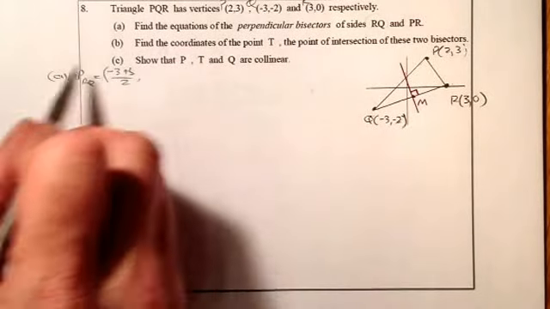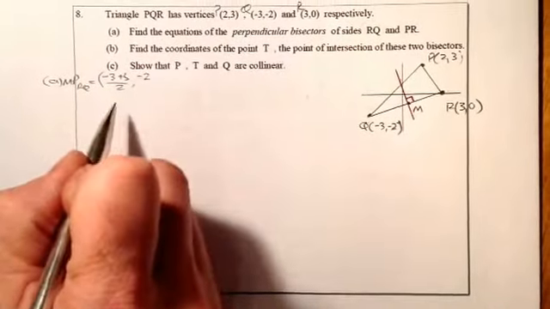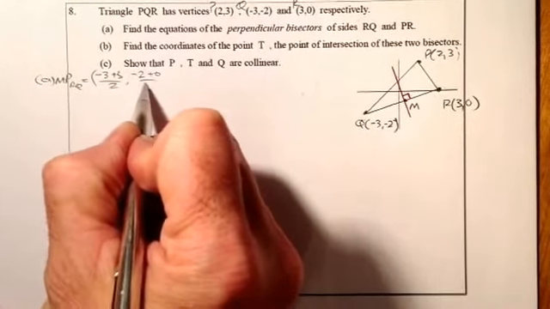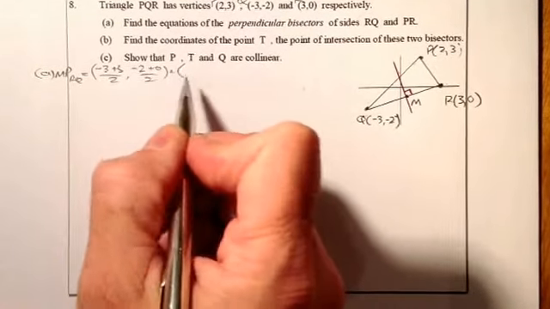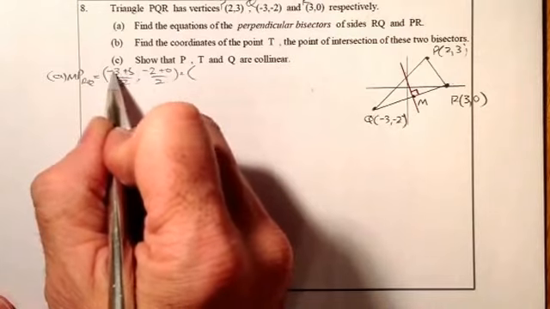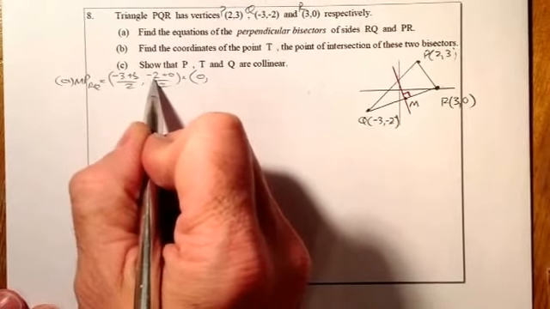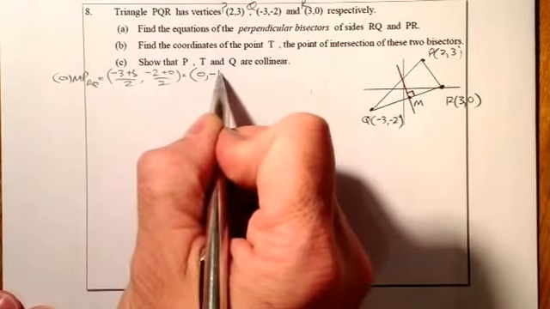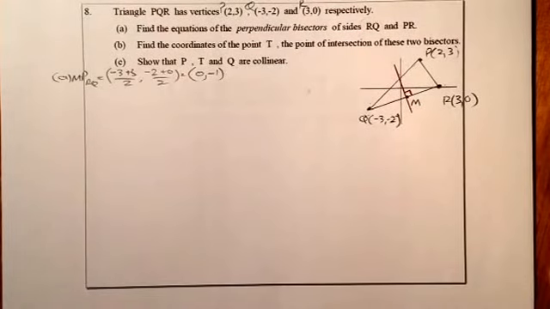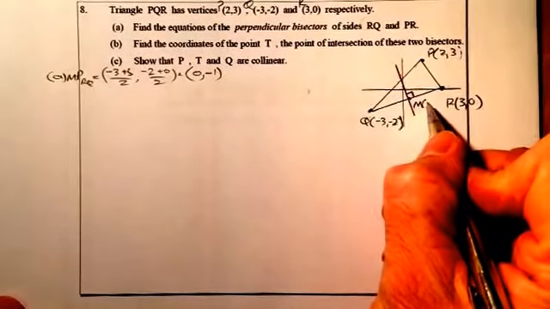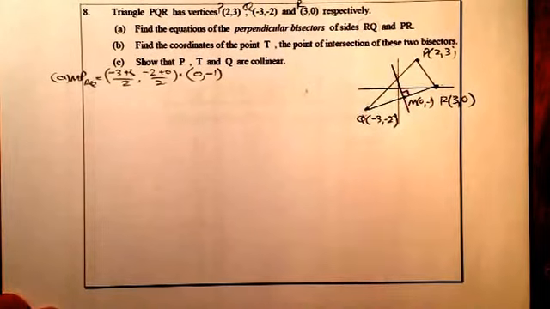So let's see, I've got minus 2 plus 0 divided by 2. So what that should give me is the point M, which will be 0, minus 1. Okay, so 0, minus 1 for this point here.